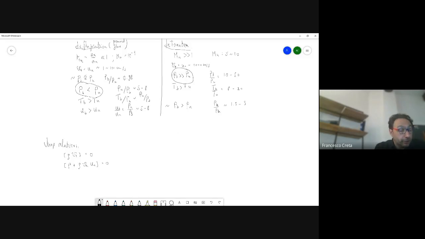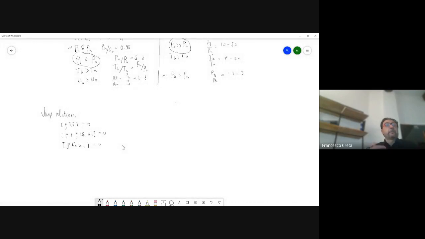Now, there is also a tangential component, but as you can recall, we're doing a one-dimensional analysis. So we are considering the tangential component to be zero, so we are going to neglect this. And then finally, the conservation of energy across the interface, which is essentially the conservation of total enthalpy.